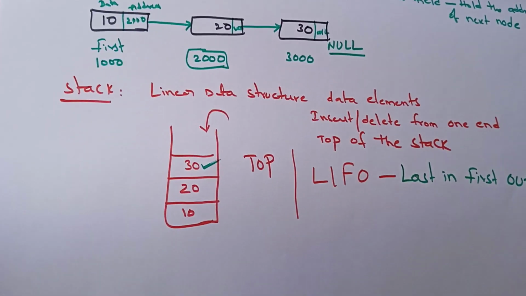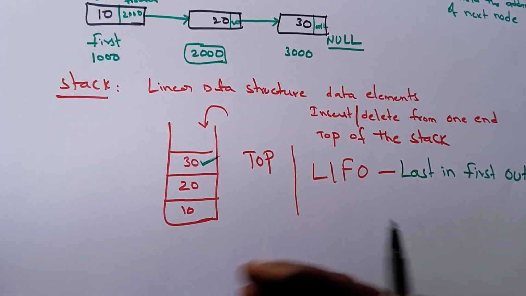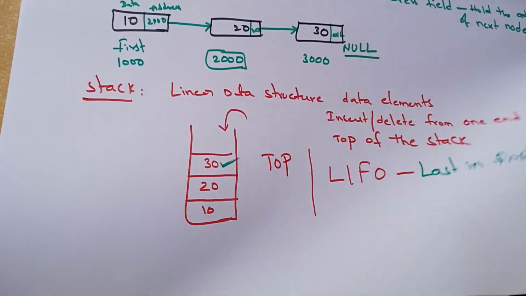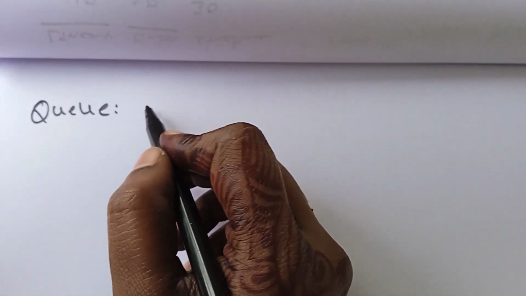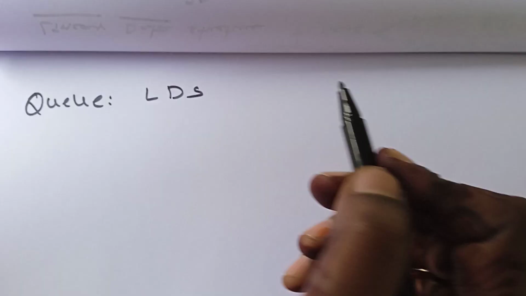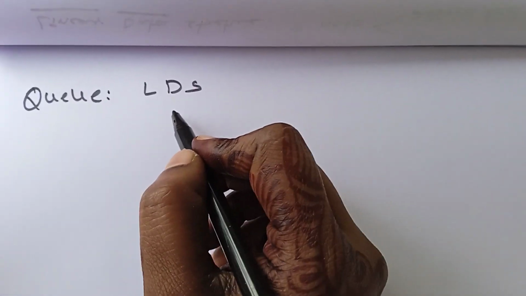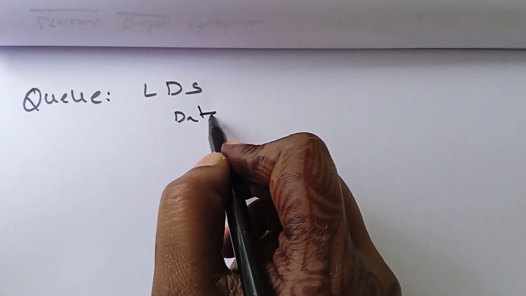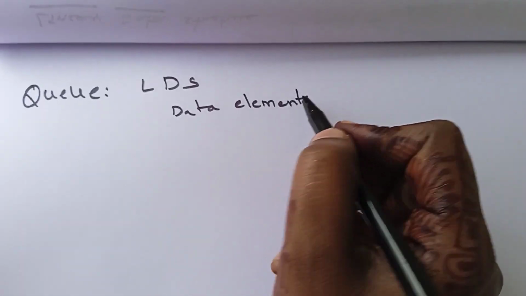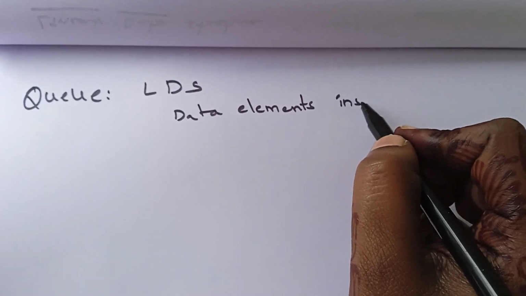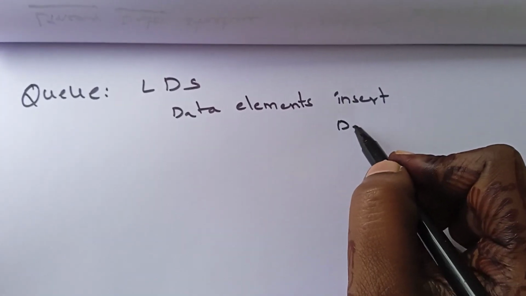Now the next concept, the basic idea of this, is queue. Okay, what is a queue? A queue is also a linear data structure where the data elements can be inserted from one end and deleted from the other end.